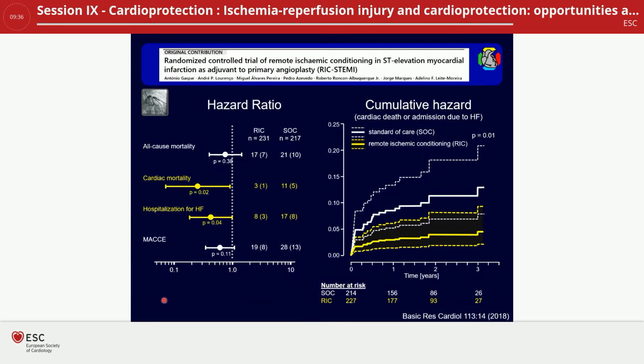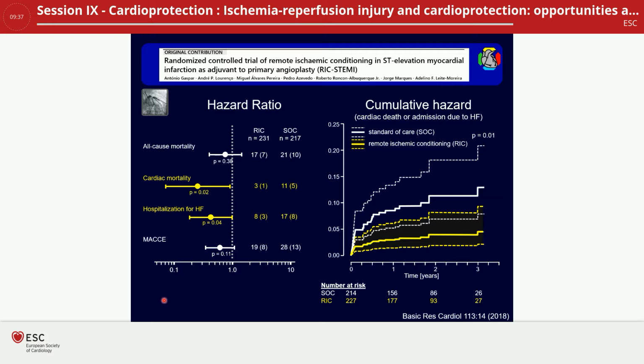And what this study showed is that indeed the prognosis, the primary endpoint being cardiac death or admission for heart failure, was significantly improved over a 3 year time period. And even more importantly, on a secondary analysis, the two endpoints that were combined for the primary endpoint were separately significant.